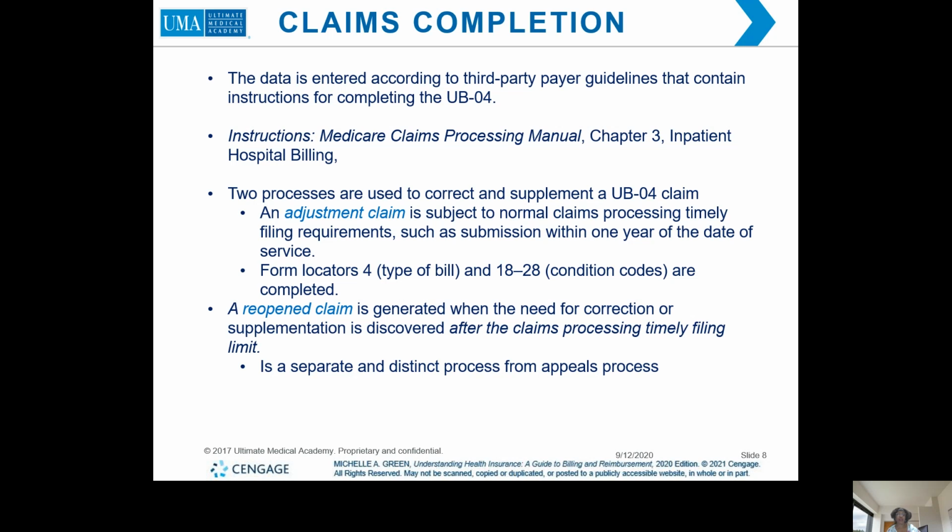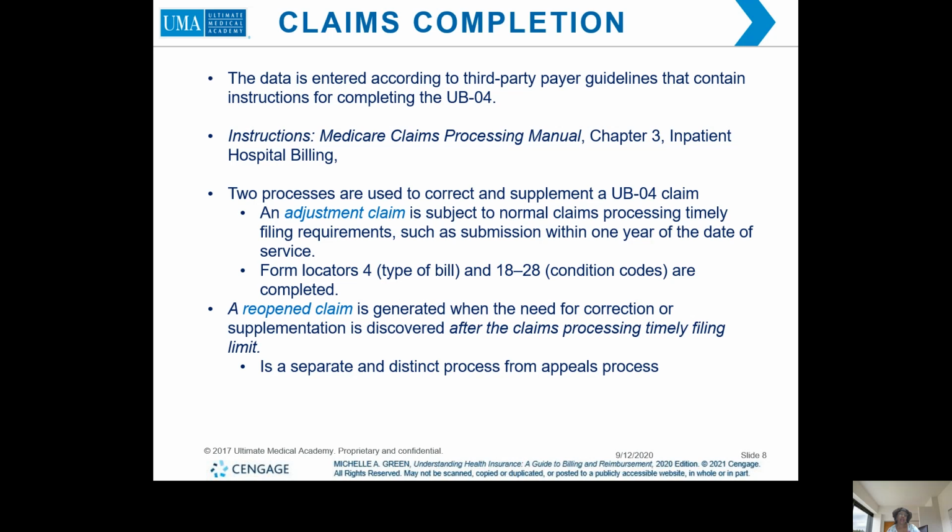Then there's also something called a reopen claim. That's after the time limit. That's really different. But for a UB04, you could have a claim for $60,000 or $70,000 because it's an inpatient.